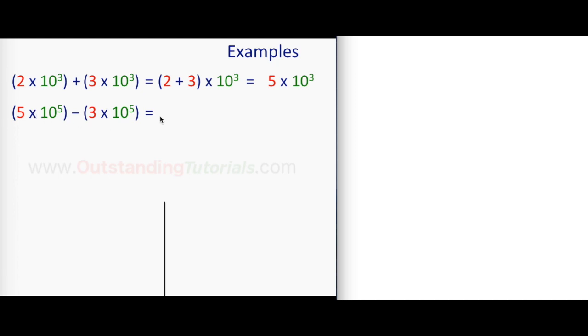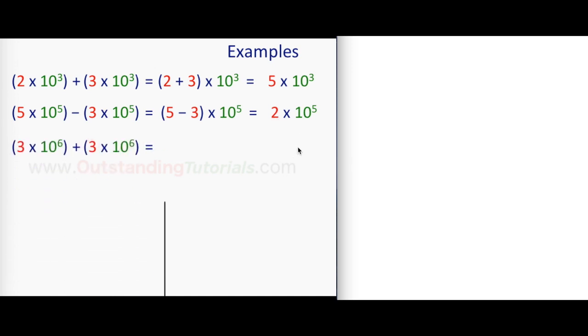So that means we have 5 lots of 10 to the 5 minus 3 lots of 10 to the 5. So you're subtracting 3 of these 10 to the 5s. That's 5 minus 3 lots of 10 to the 5, and that will give me 2 lots of 10 to the 5. Again, what happened? They're the same, so you keep it the same and you subtract the 2 red numbers, the 2 non-power numbers, and that gives you a 2.